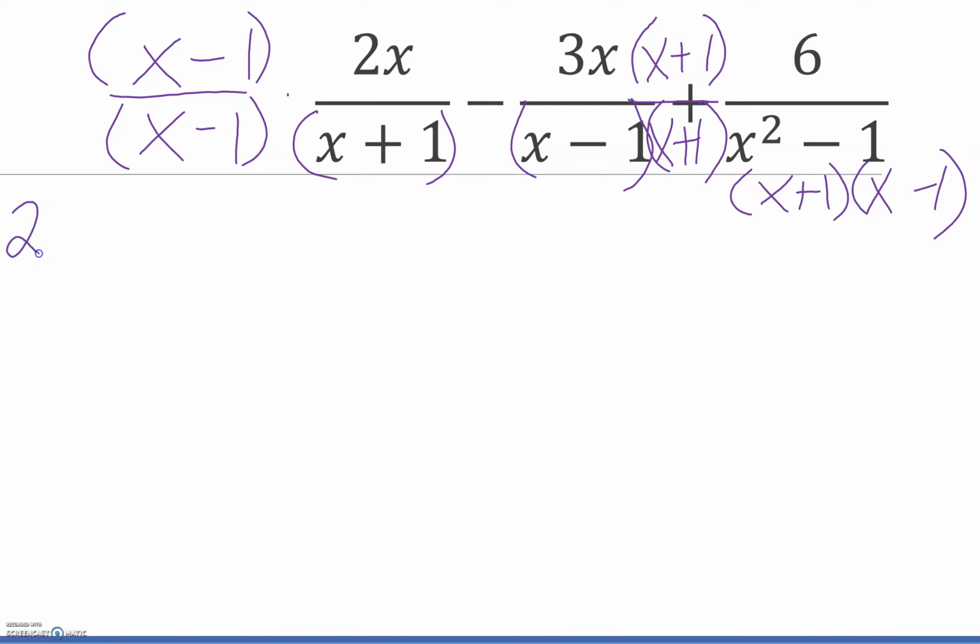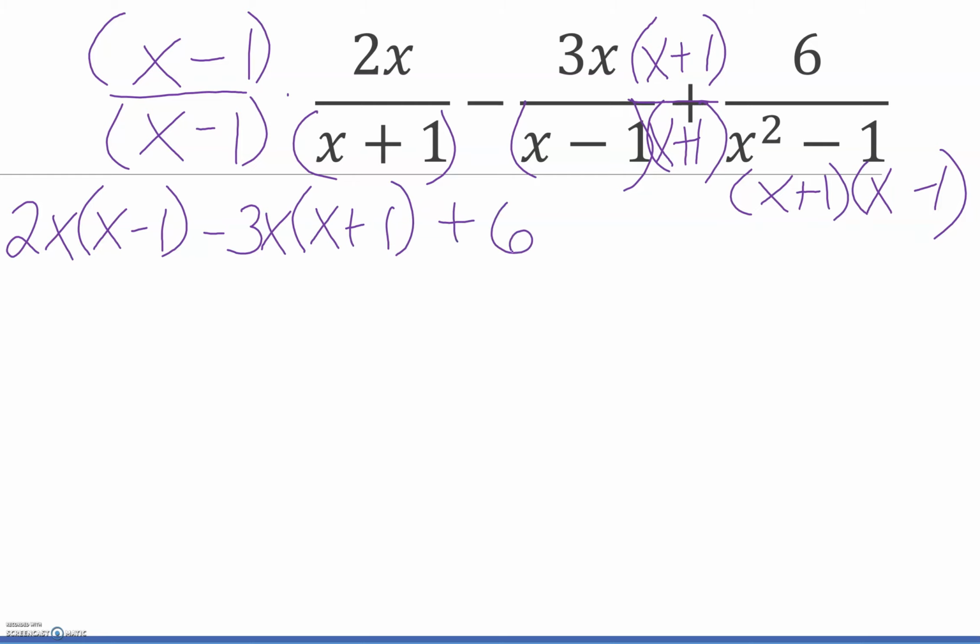So I'll have 2x times the quantity x minus 1 minus 3x times the quantity x plus 1 plus 6. And that's all over x minus 1, x plus 1.